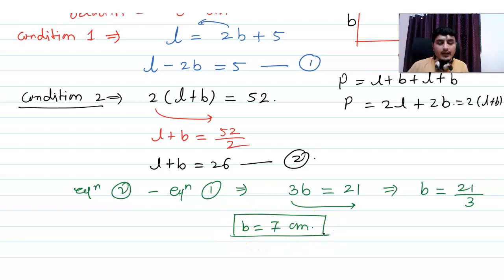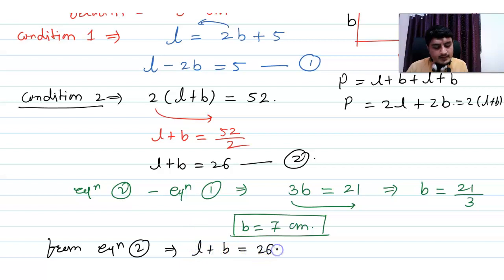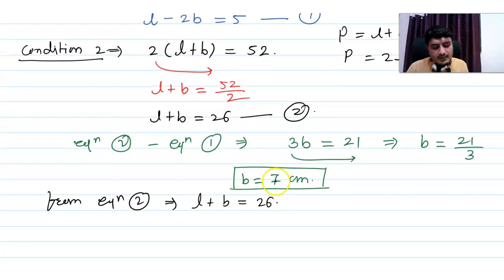Now to find the length, use equation number 2, because here L and B both have coefficient 1, the simplest equation. From equation 2, L plus B equals 26. Replace B by its value 7.